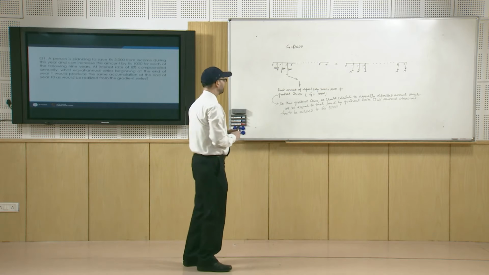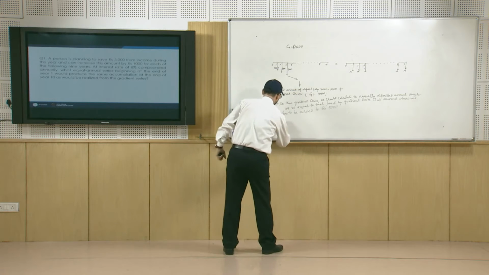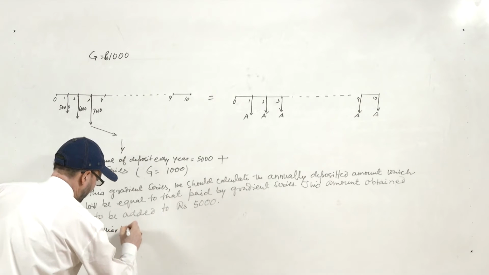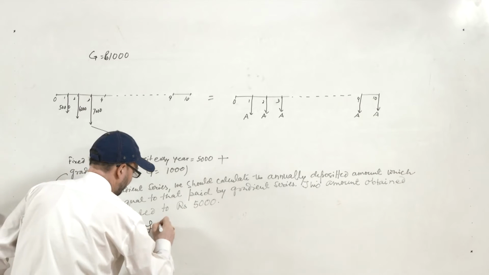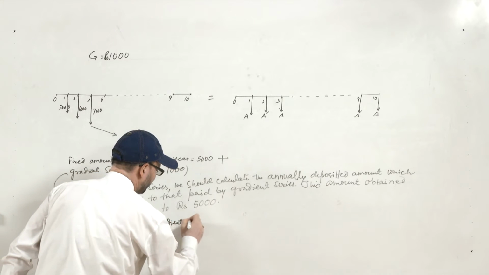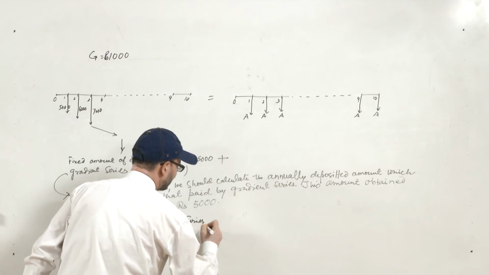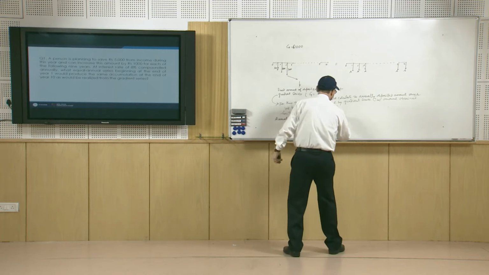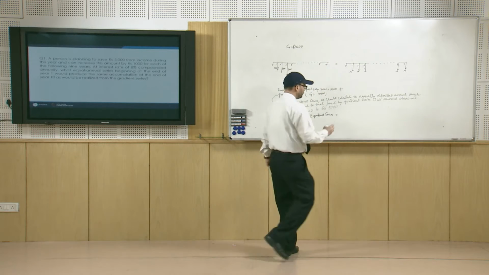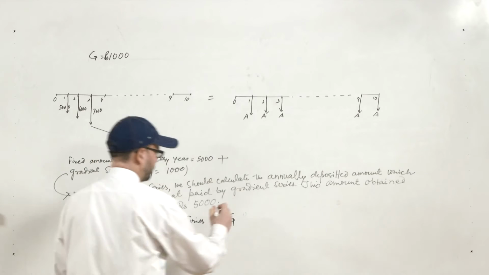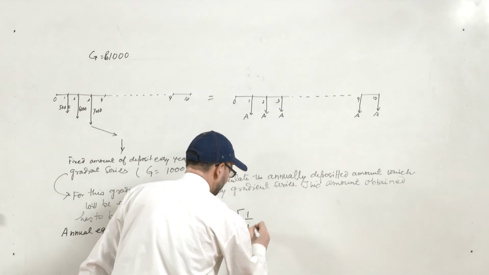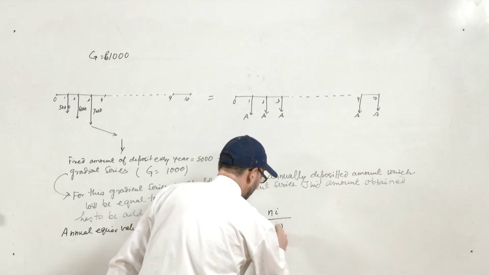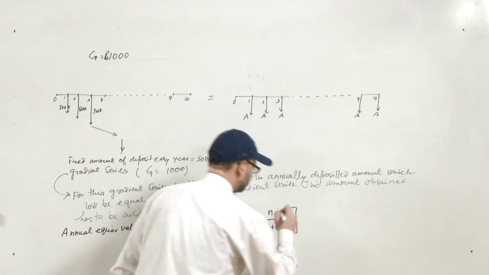For the annual equivalent value of this gradient series we have the formula, and from this we can calculate the annual equivalent value. That will be nothing but G times (1 by i minus n times i by (1 plus i) raised to the power n minus 1).